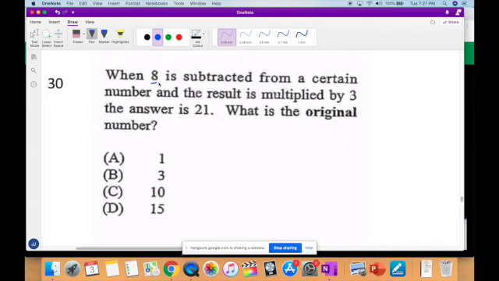But when 8 is subtracted from a certain number, once they start to talk this certain number talk, I will say x. X is a certain number, and then 8 is being subtracted from it. The result, whatever this ends up being, is multiplied by 3.